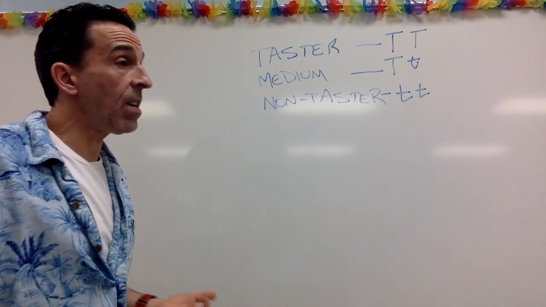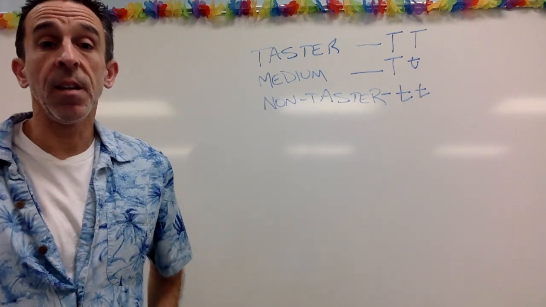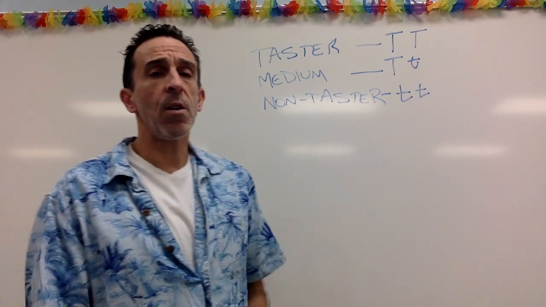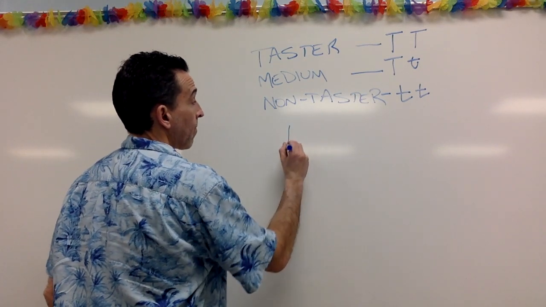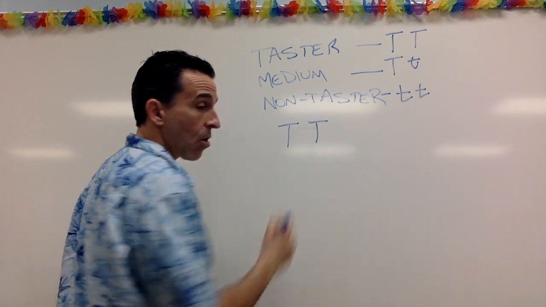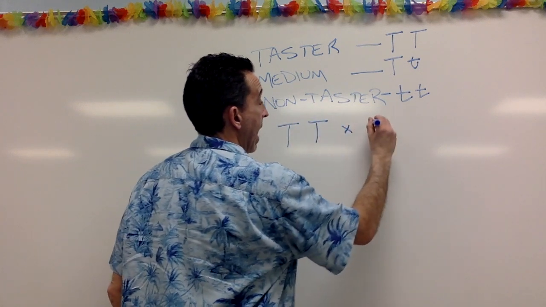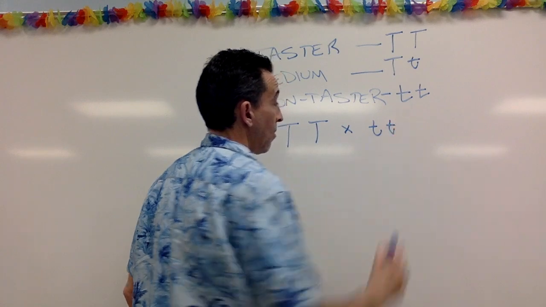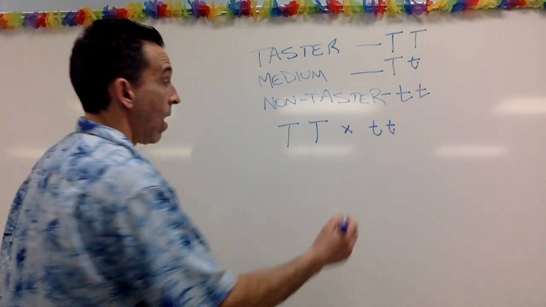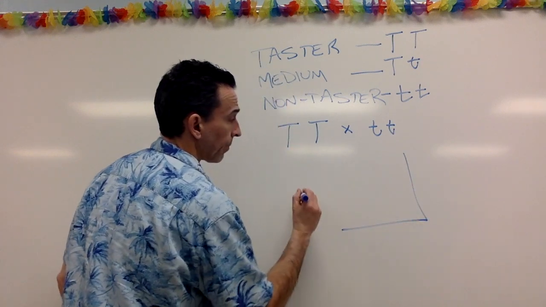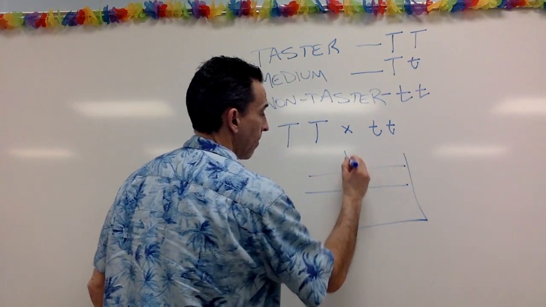Now, to see how something's expressed in the population, if you remember your bio, your Mendelian genetics, we would take a test cross, and we would take this homozygous parent and this homozygous parent. And we do that test cross in what we call the Punnett square. So the Punnett square looks like this.